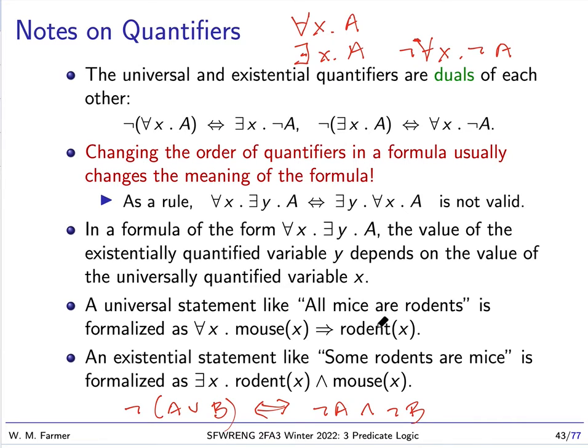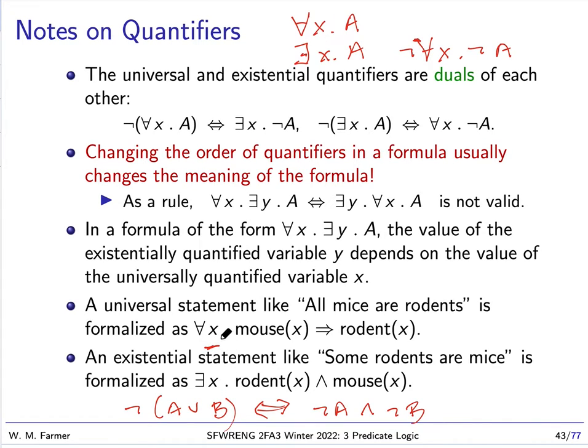Now, remember in FOL, we have just one domain of individuals, and we don't have multiple domains. So if we make a statement like all mice are rodents, we have really two kinds of things here. And so if we were going to write this in FOL, we would write it as for all x.